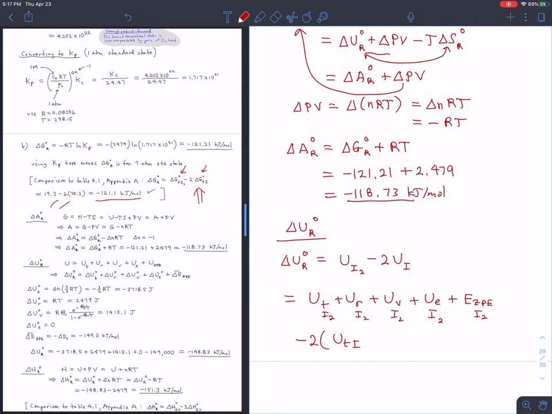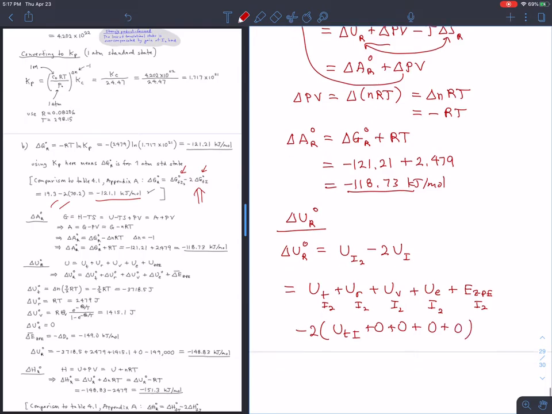And then there's no rotations, there's no vibrations, there's no electronic contribution, and the ZPEs are also 0, so everything else is 0.